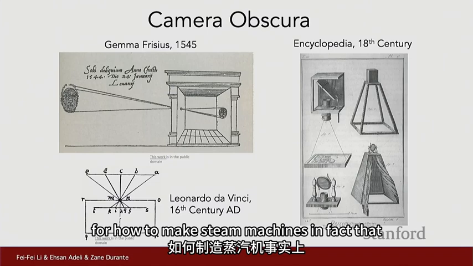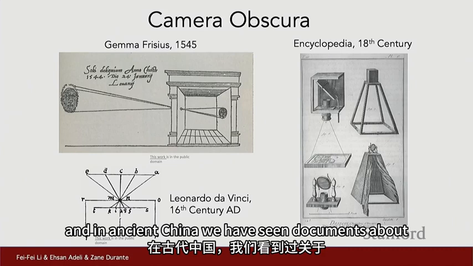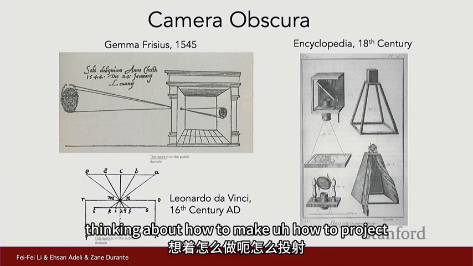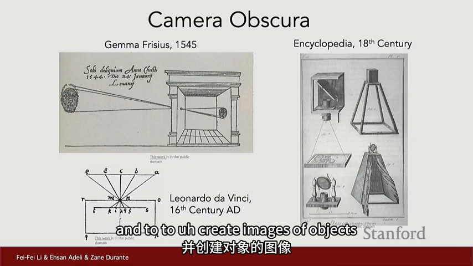In fact, even way before him, in ancient Greece and ancient China, we have seen documents about thinkers and philosophers thinking about how to project objects through pinholes and create images of objects.